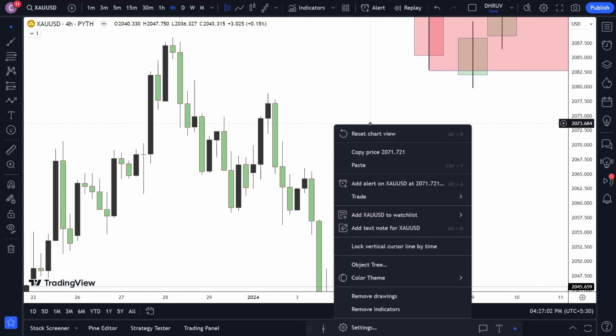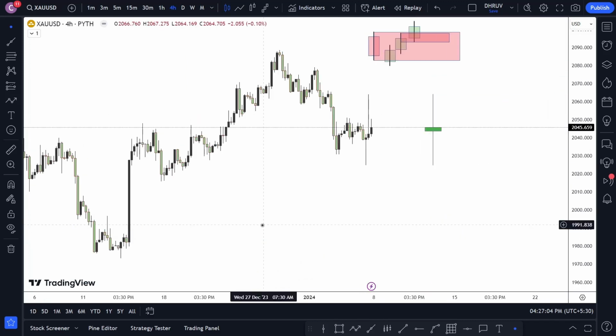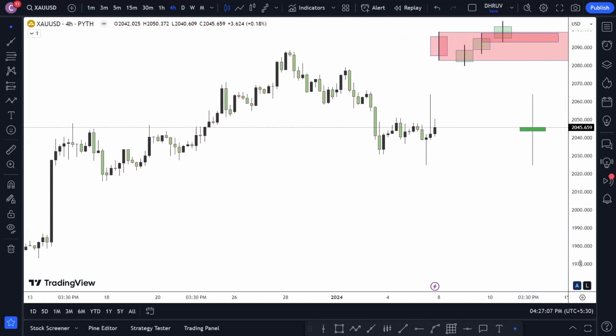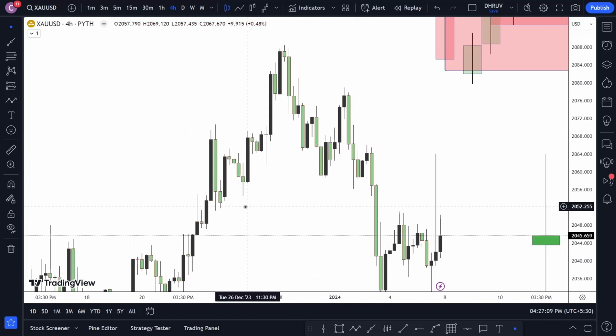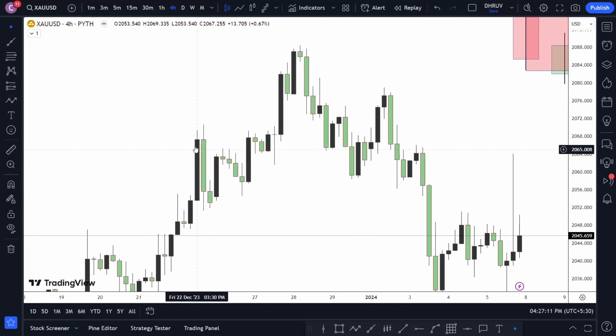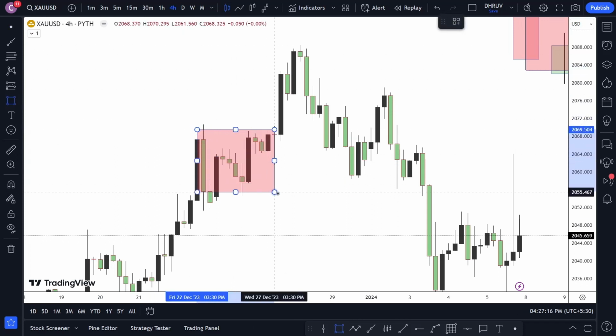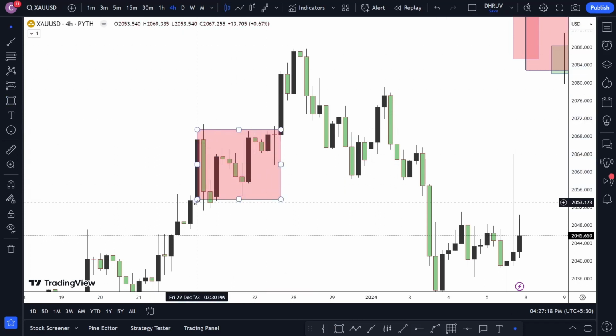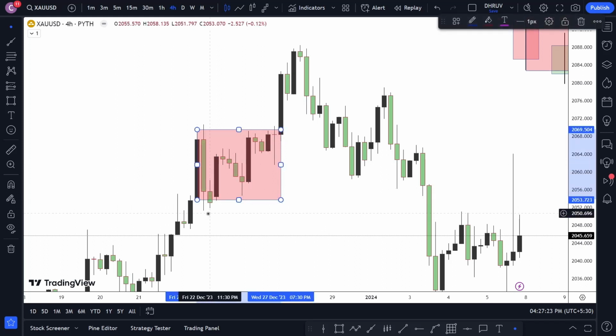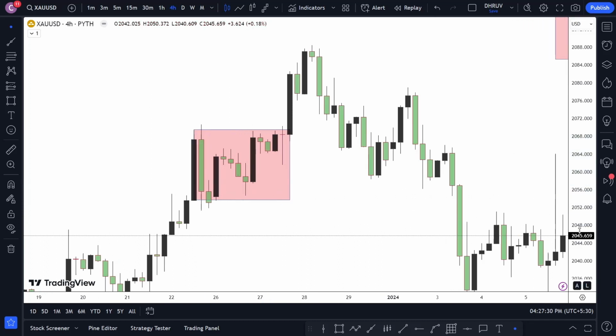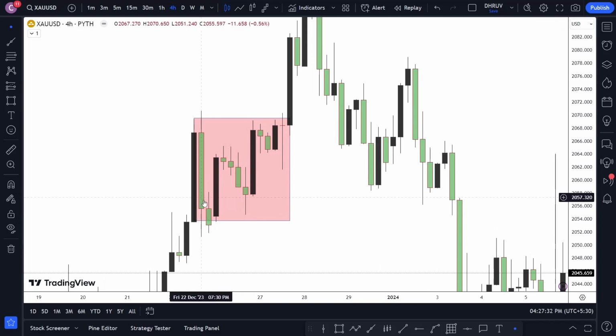Let me just see on the chart if I have a clear example. Okay, here's the example. What do we see? We see that this bullish candlestick's low is engulfed by a series of two bearish candlesticks.